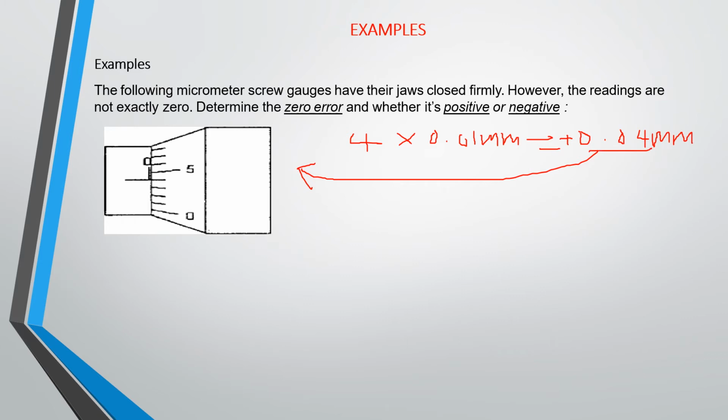I think this is direct. It's not difficult. If you understand what we did in the vernier caliper, then this should be direct and easy to understand. Okay, so that is the zero error for this particular scale reading.